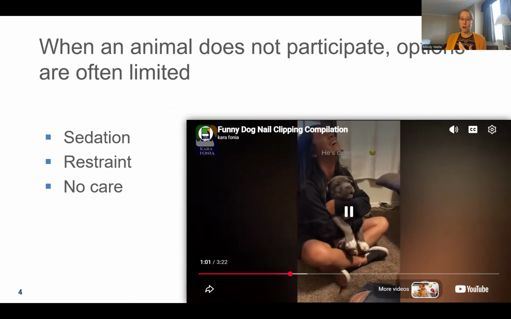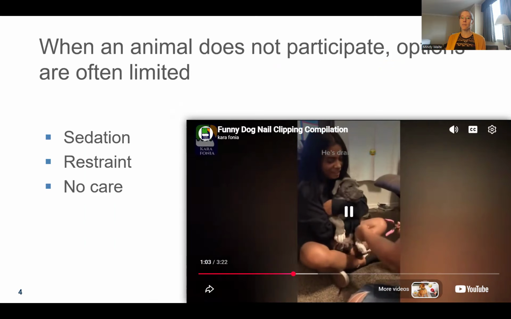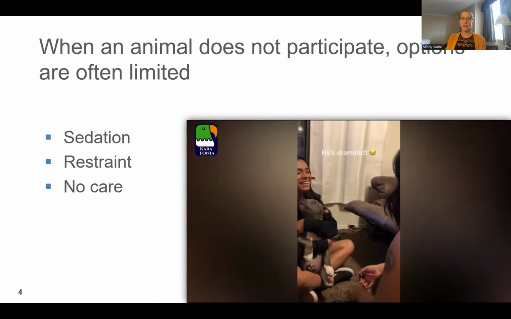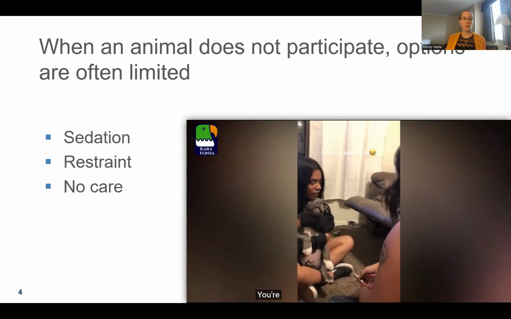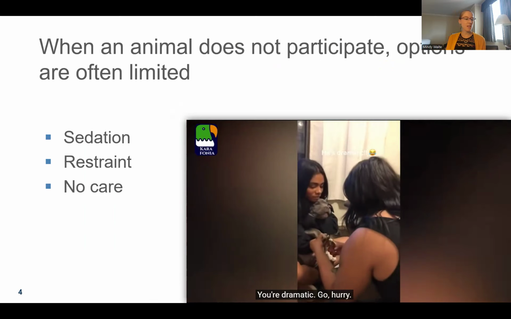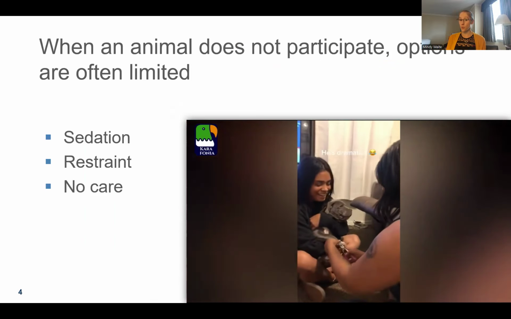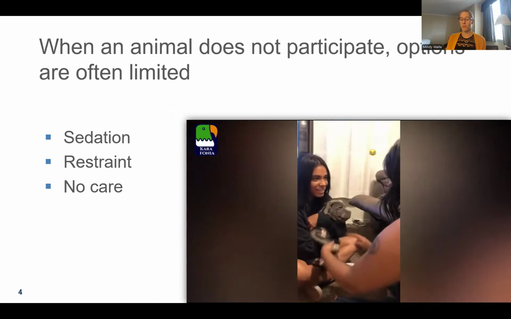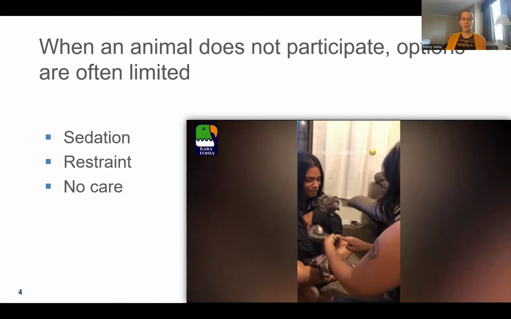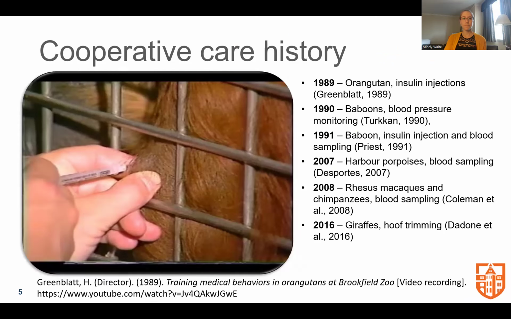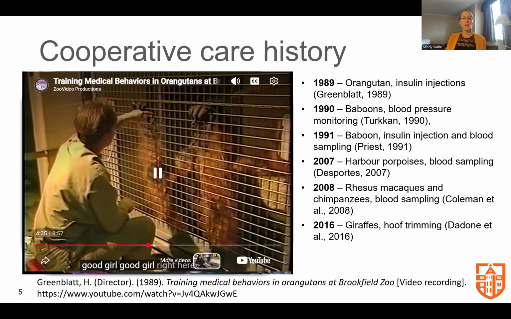And so for those of you who are not familiar with cooperative care, let me tell you that historically, if an animal did not participate in a medical or husbandry procedure, our options were pretty limited in that we would have to use chemical sedation or physical restraint, like what you are seeing here, which can be very stressful for the animal and the caretaker, or the animal just might not receive the necessary care. That's really unfortunate.